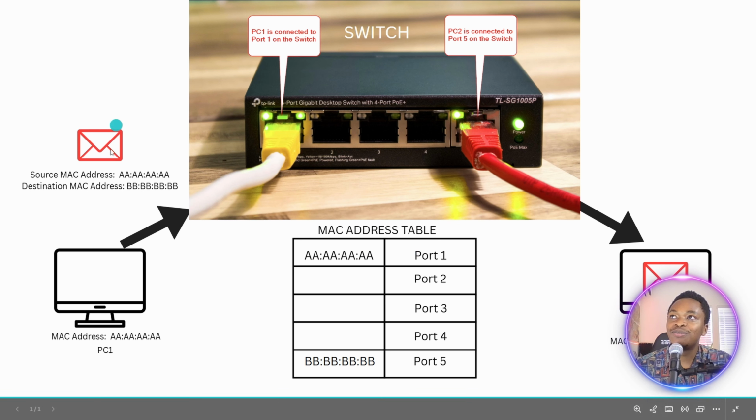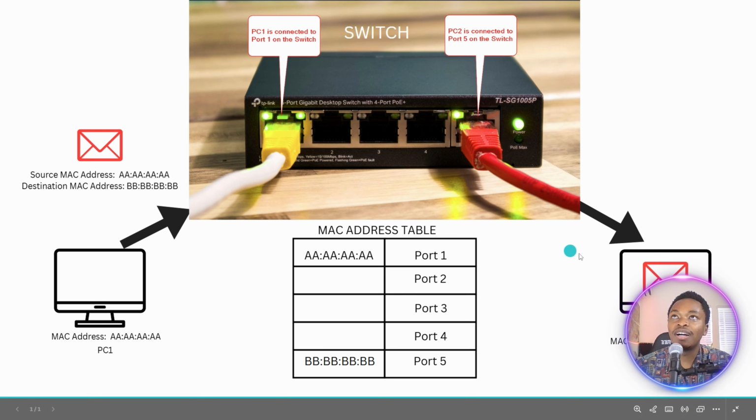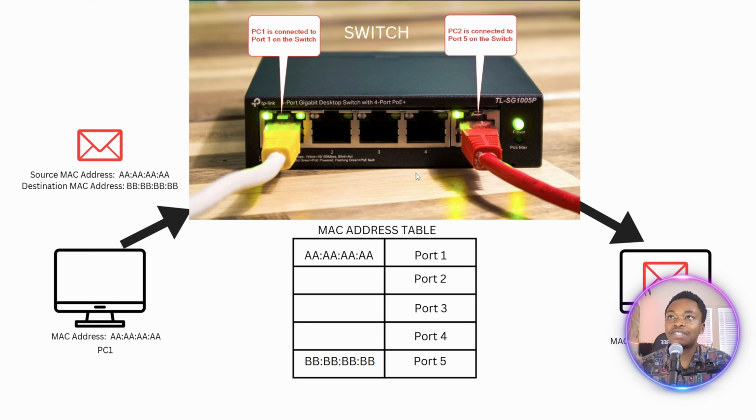Inakuwa sent to destination MAC address ni B. So switch inaangalia hii destination MAC address B iko connected wapi? Iko connected kwa port 5. So inaamua okay, I'm going to send that data through port 5, na ndio inakuja ina land kwa the computer. So the data inakuwa sent to the right computer. That's how basically a switch works. All right?